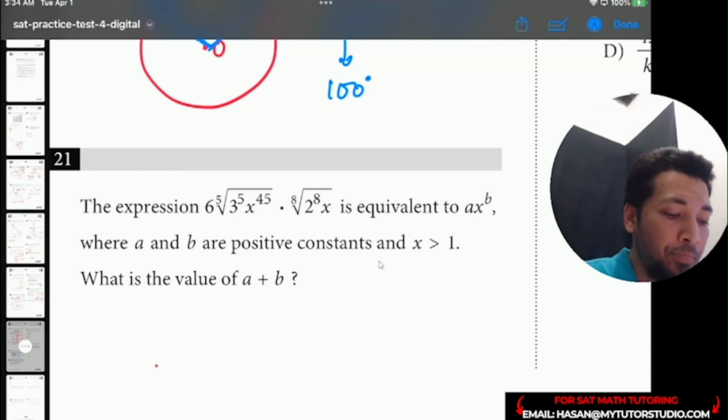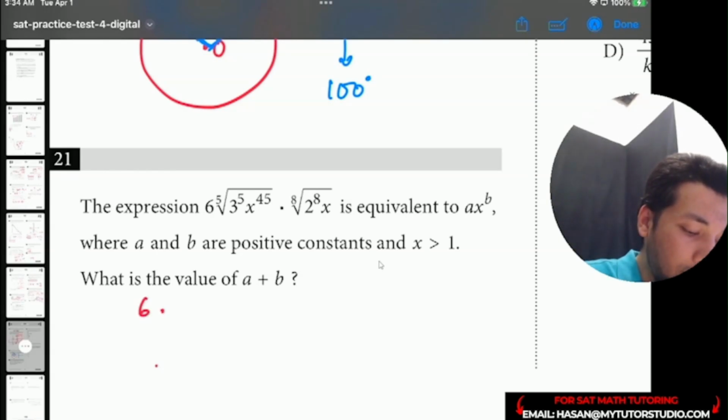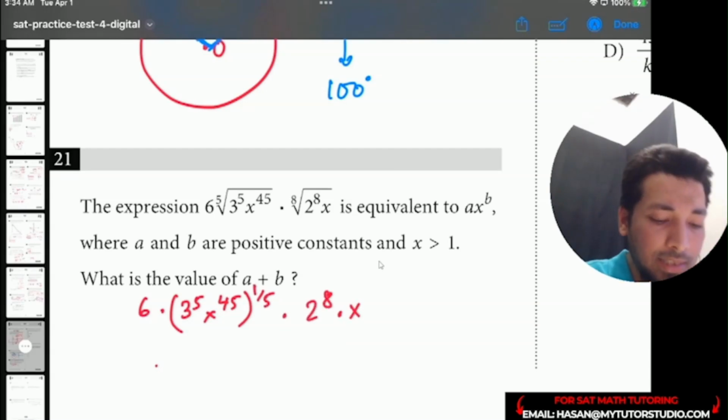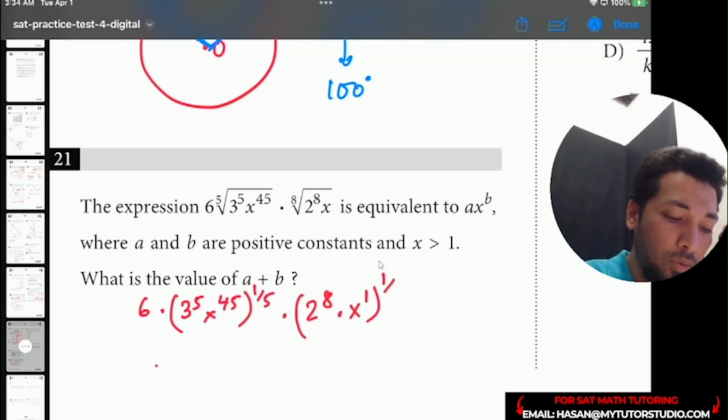So we can write this 5th root and 8th root in exponent form. So we have 6 times 3 to the power of 5 times x to the power of 45 to the power of 1 over 5 times 2 to the power of 8 times x to the power of 1 to the power of 1 over 8.